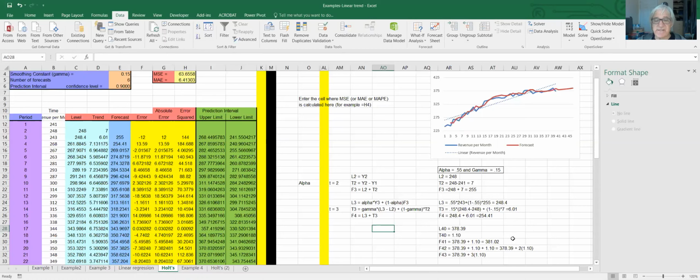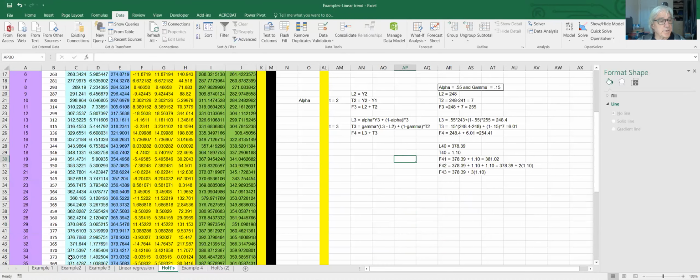Once you have the new estimate of the trend, you can create a forecast for period 4. You take the level and you add the trend. This is the Holt method. You keep working down the line here all the way to period 40.